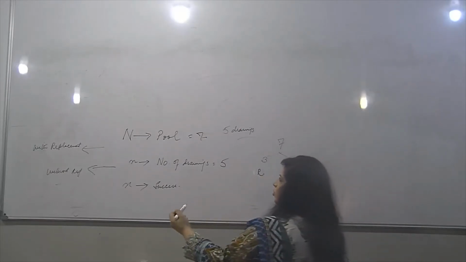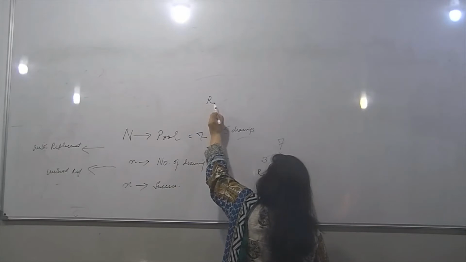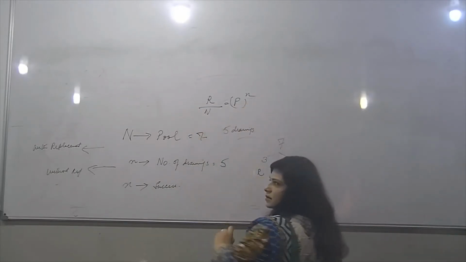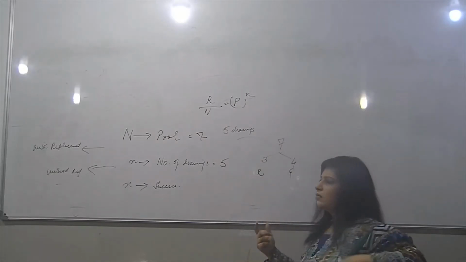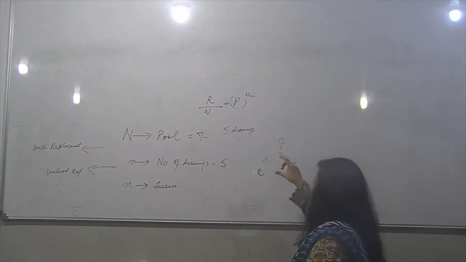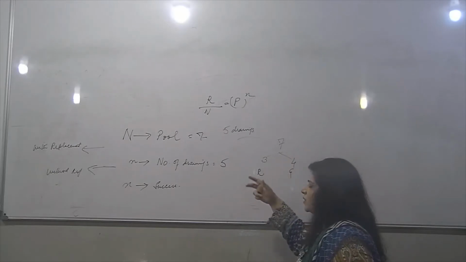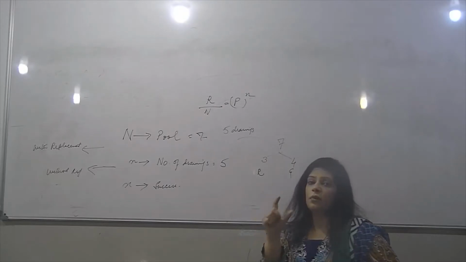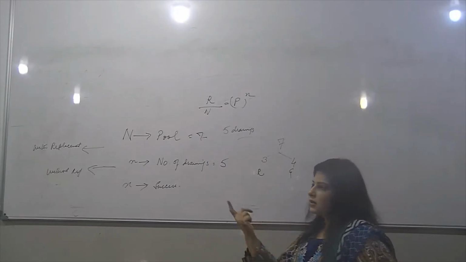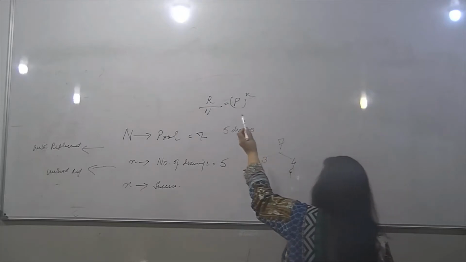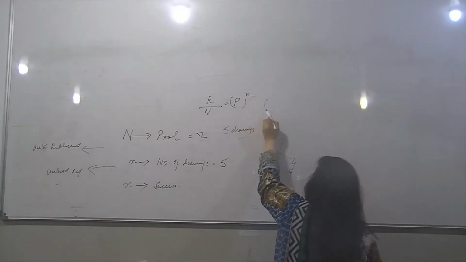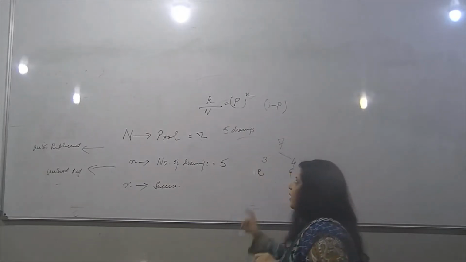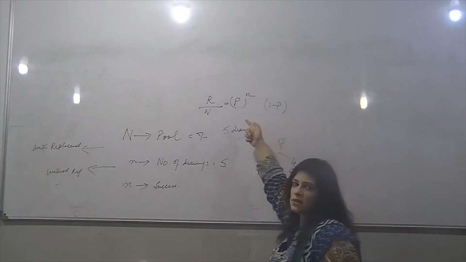But for binomial distribution, usually we have the probability of success raised to the power X, because X is the number of successes that we can have. I'm not talking about the factorial right now, I'm just talking about the probability of success. Naturally, we have it multiplied by 1 minus p raised to the power n minus x. If you recall, we did the failure part, where we had 1 minus the success.